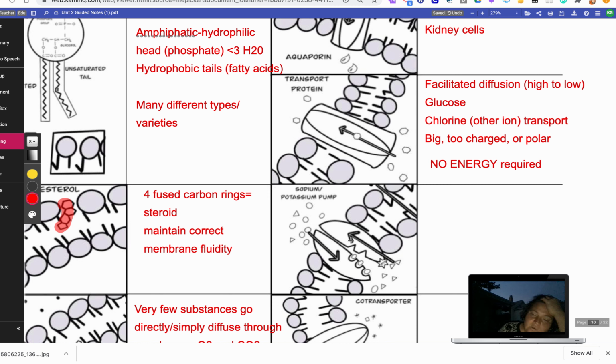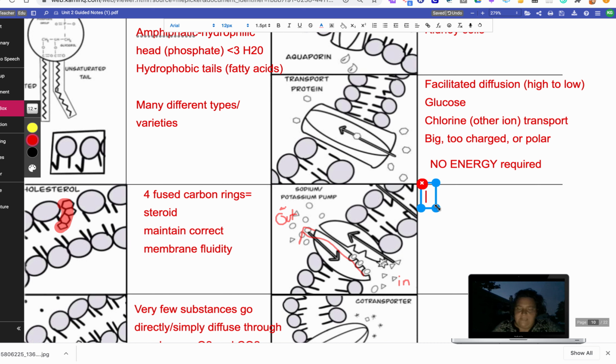There's going to be 3 sodium out, so if this is outside the cell and this is in, it should be 3 sodium out and 2 potassium in, at the expense of 1 molecule of ATP. So let me write that in here.